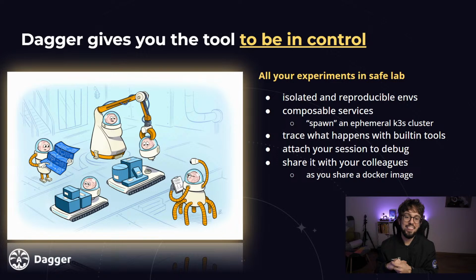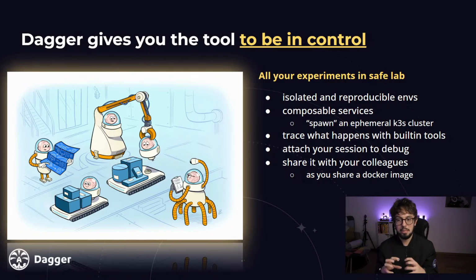And then there are the traces that are needed to track what is happening inside. And yes, it also comes with a web UI where you can take a look at what is happening inside the engine live.